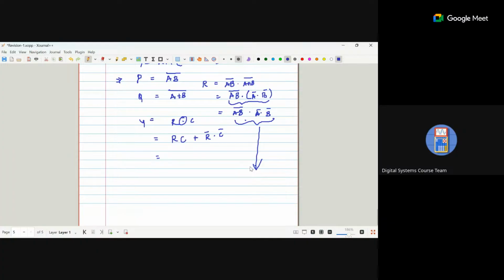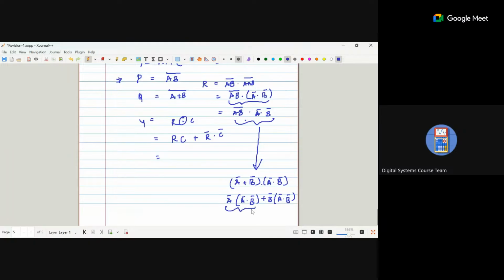For this, A complement plus B complement. Then you have A complement, B complement. Now we can perform distributive law here, right? Yes, ma'am. So you will get A complement B complement plus B complement, which is A complement B complement.